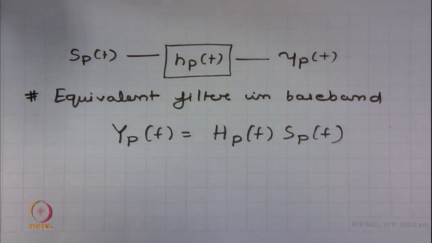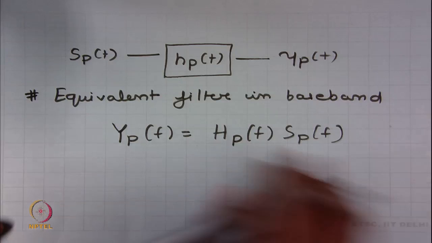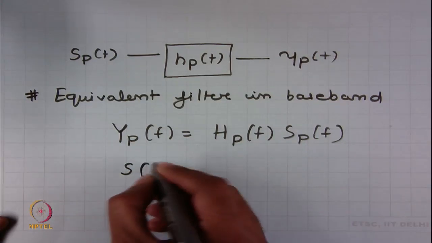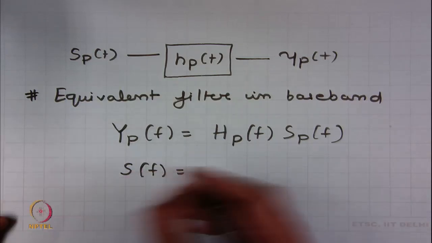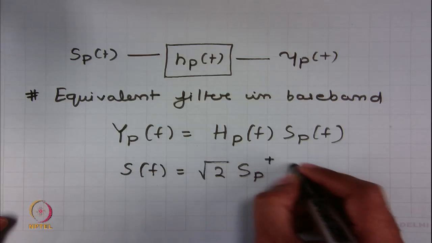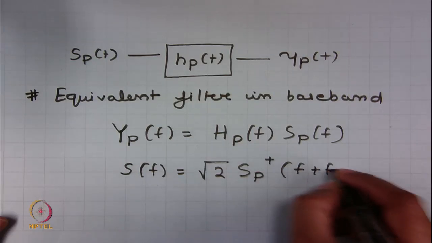Now, we also know, because we have derived an equivalence between the frequency response of the baseband signal and the passband frequency response, that S(f) would be root 2 times S_p(f + f_c).